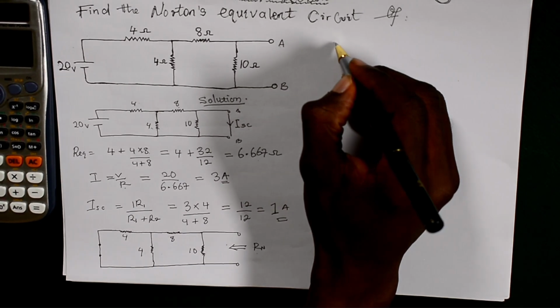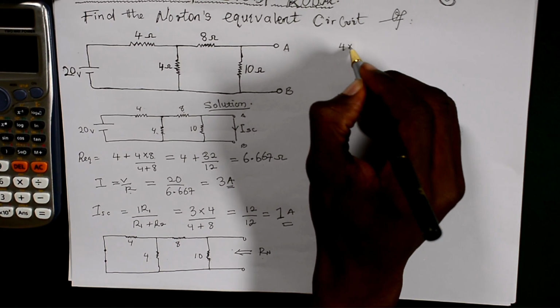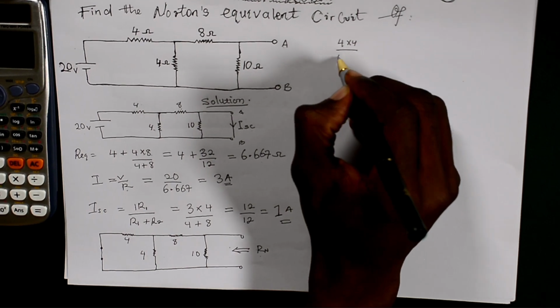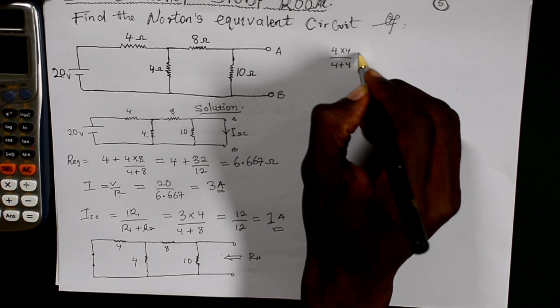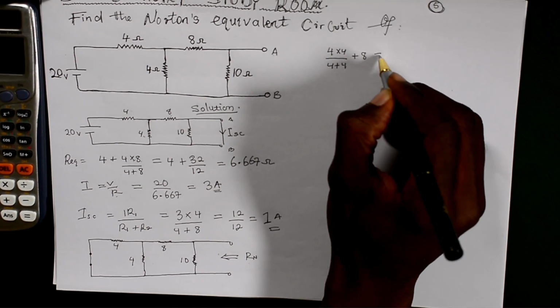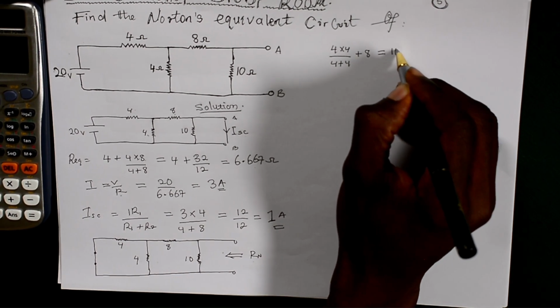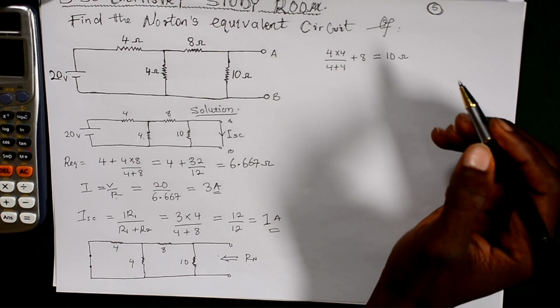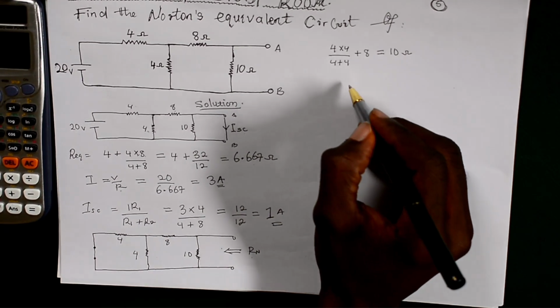That means we have 4 times 4 all over 4 plus 4, and plus 8, which is equal to 10 ohms resistor.